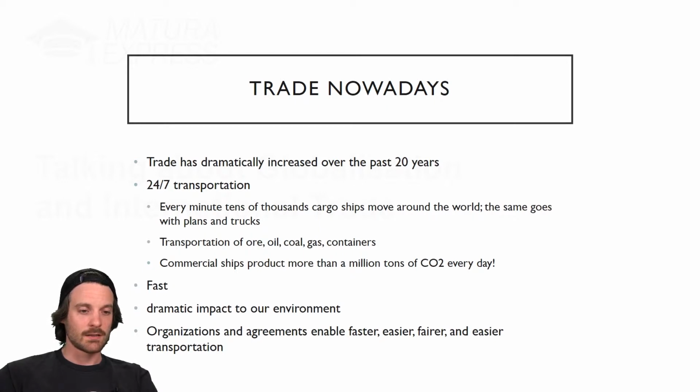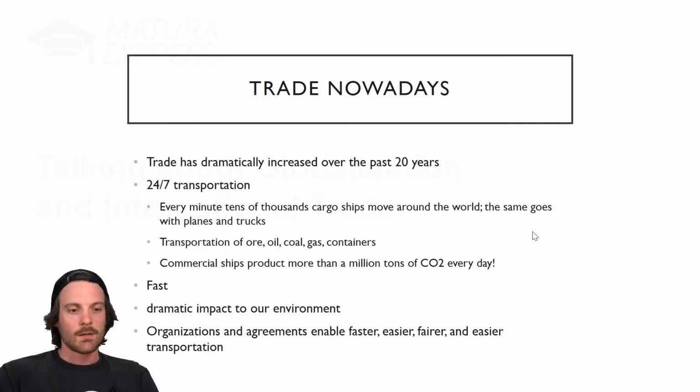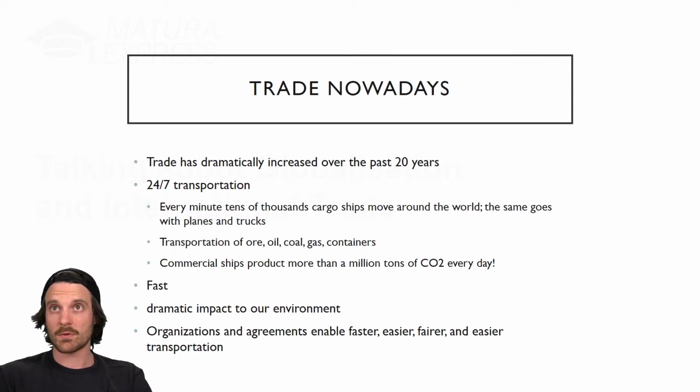So every minute, basically tens of thousands of cargo ships move around the world. And the same goes with planes and trucks. Why are there a lot of cargo ships, for example?